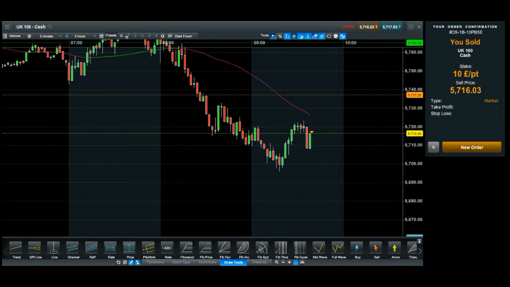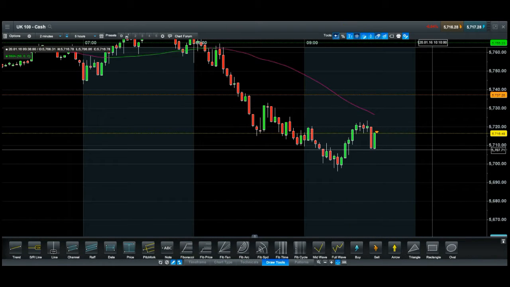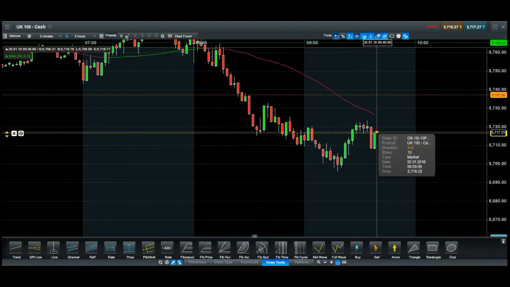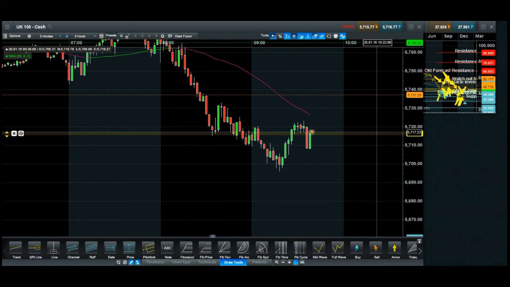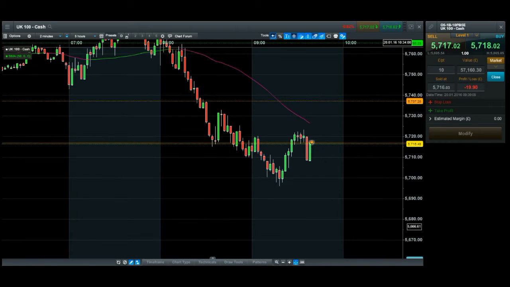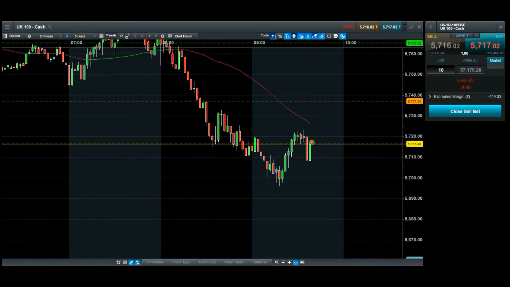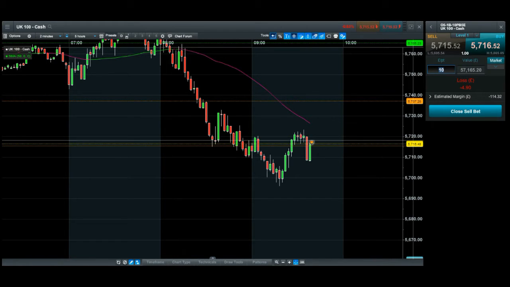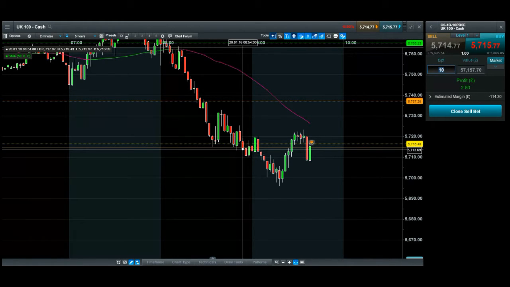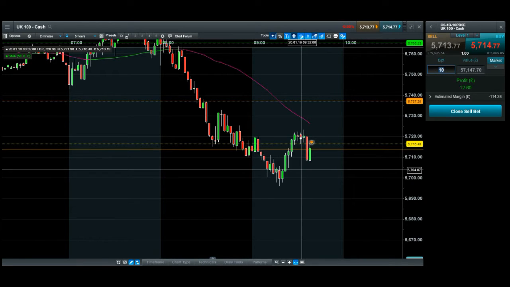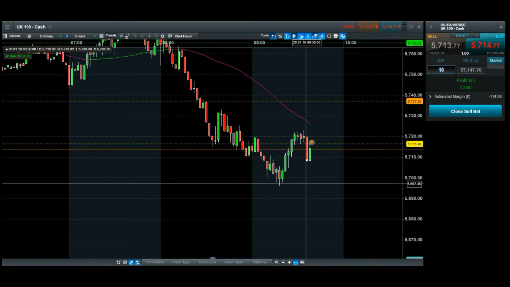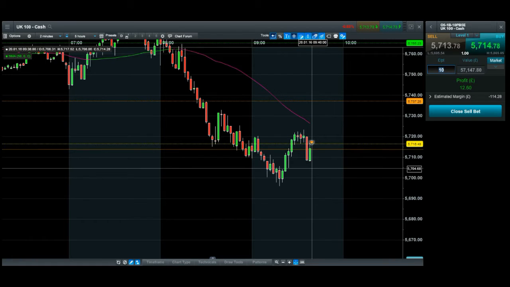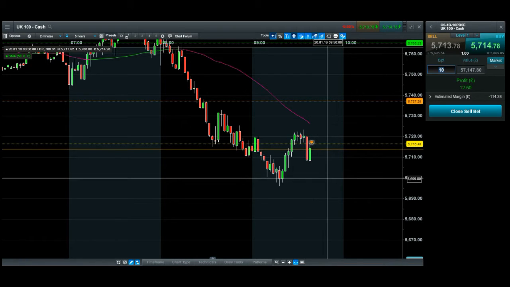Okay, here we go. The sell is on, and then straight away I will click in. So I'm getting ready to close. With such a short time frame, any profit that is good enough, any profit that is attractive enough, I will probably just take.